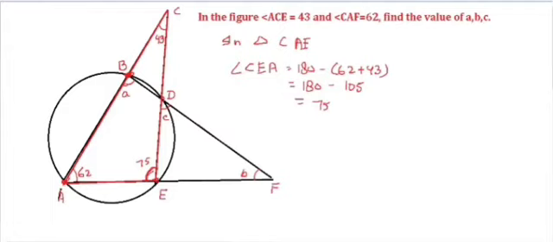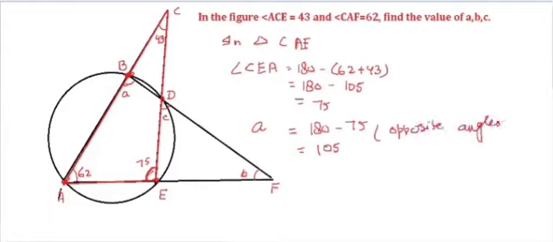So from here I can write angle A will be 180 minus 75, that is 105, because the sum of opposite angles is 180 degrees in a cyclic quadrilateral.